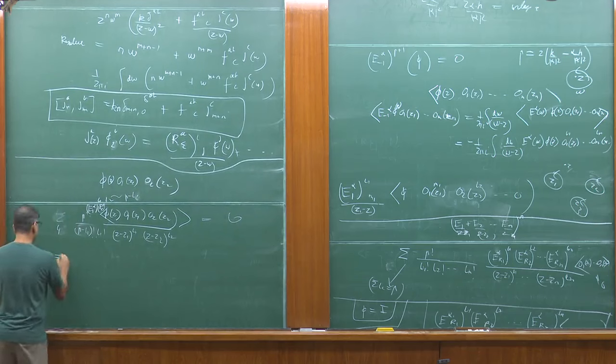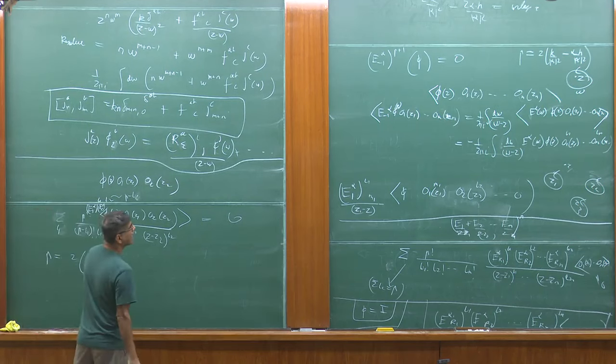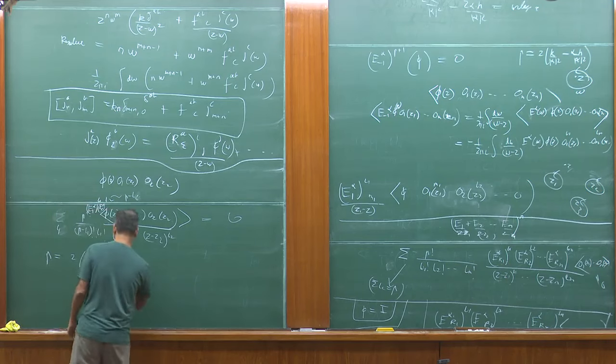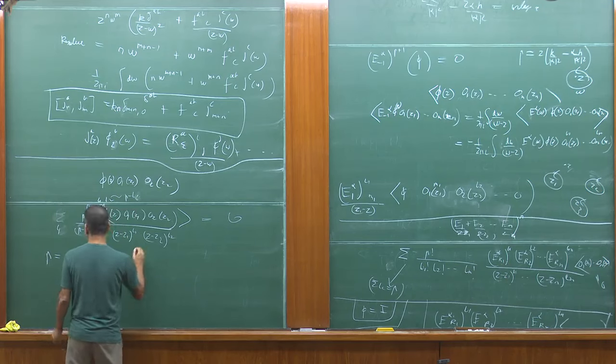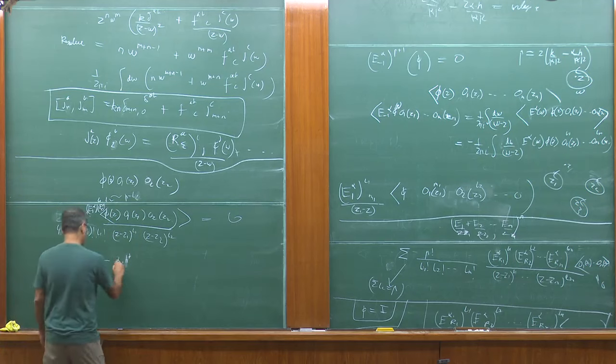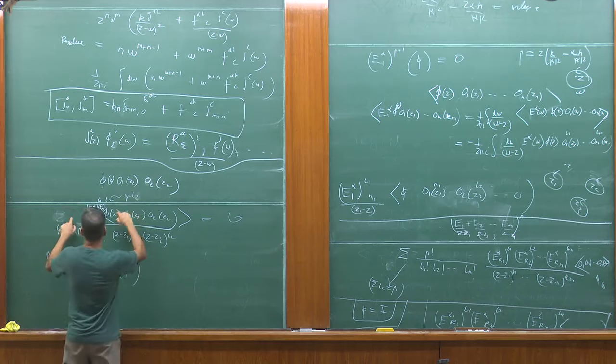P was equal to 2 into k by mod alpha square minus alpha dot h phi divided by mod alpha square, where h phi is the highest weight of the representation of phi.